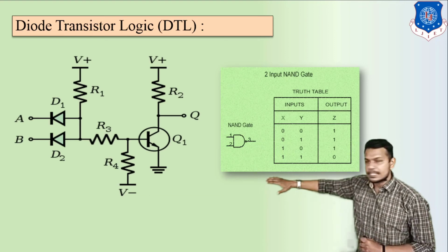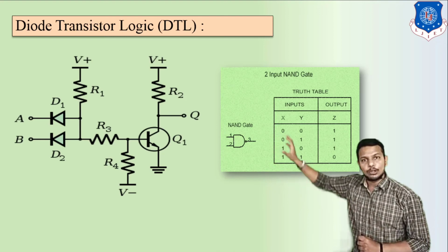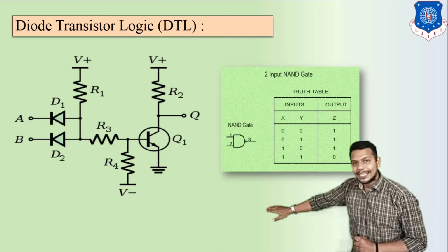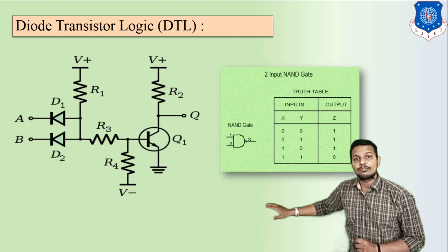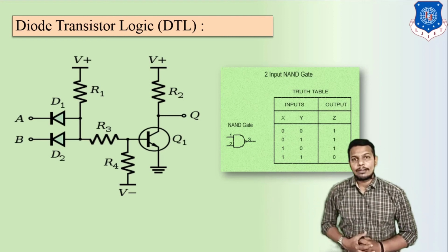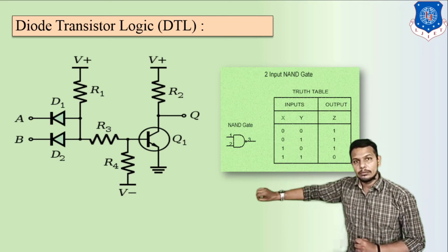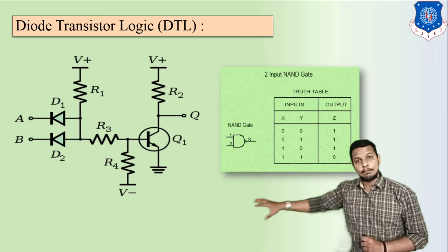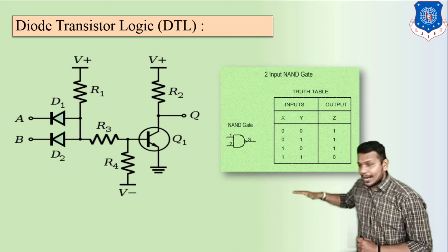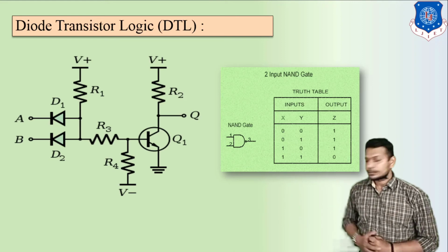For example, if plus VCC is equal to 10, and below we have minus V, if I apply minus 5 volt there, then 10 minus 5 becomes 5 volt at the base terminal. So that's why current will flow at the base terminal.